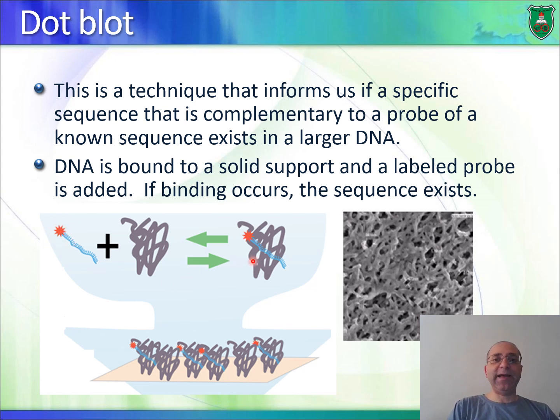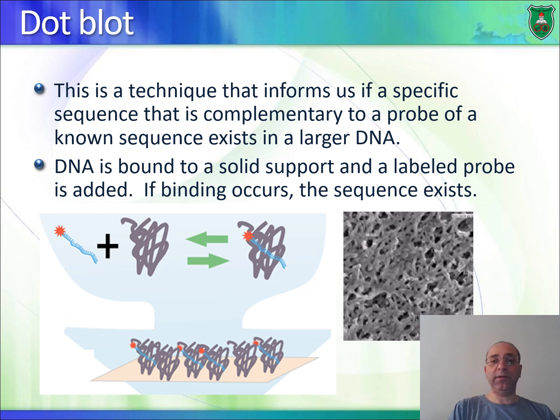So if attachment takes place, the spot where the DNA is located would emit a signal. If there is no sequence in this DNA that is complementary to the probe, then the probe would not bind, and as a result, the spot would not give us a signal.